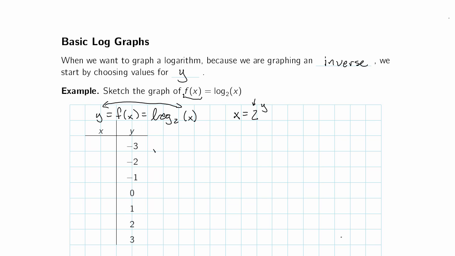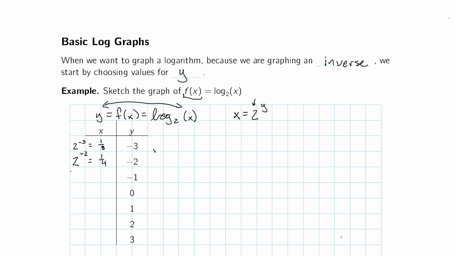So if we choose y to be negative 3, then x is 2 to the negative 3, or 1/8. If we choose y to be negative 2, then x is 2 to the negative 2, or 1/4.